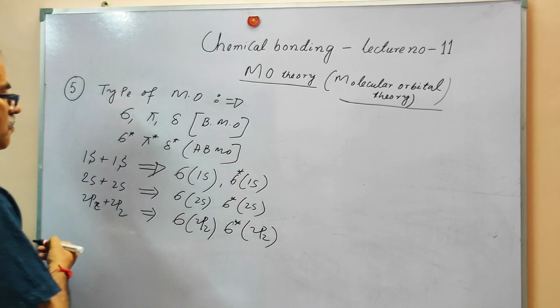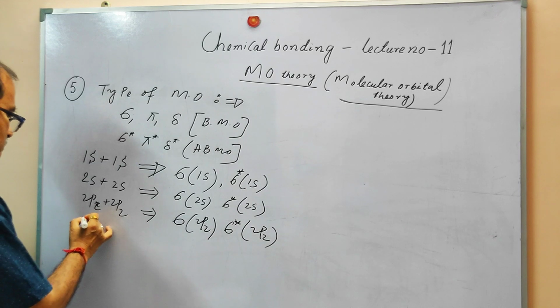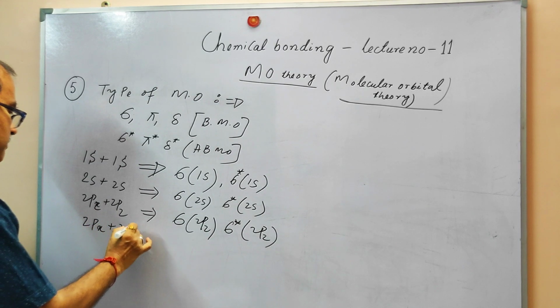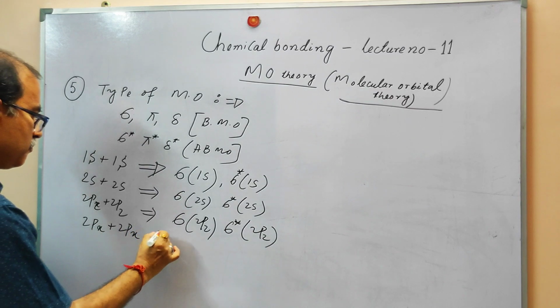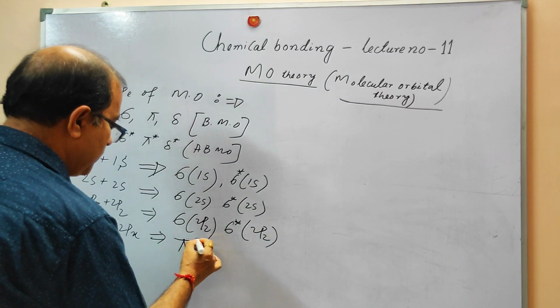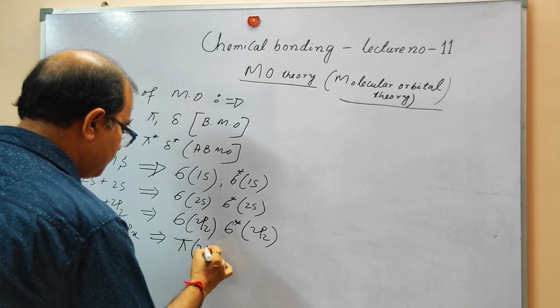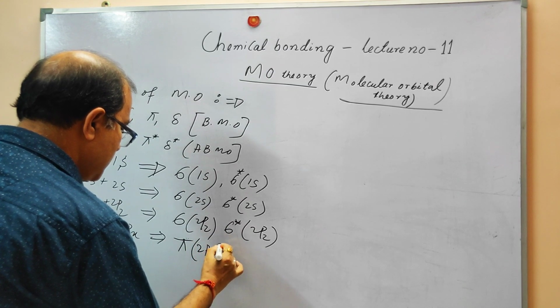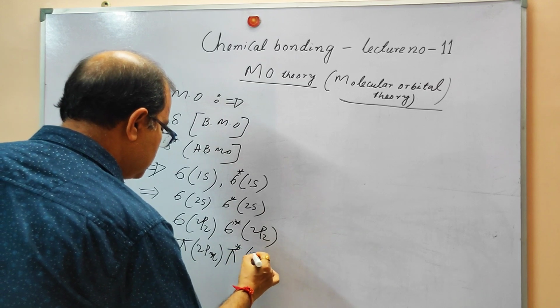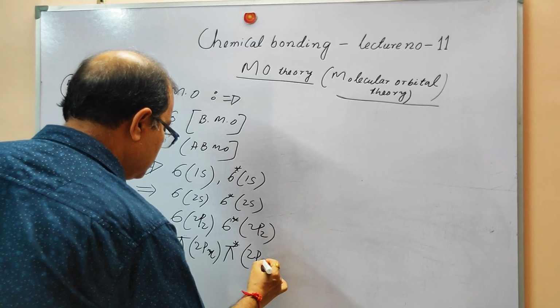Okay, and 2px plus 2px orbital will produce the pi orbital. In this case, the pi antibonding molecular orbital, you will find pi 2px and pi star 2px is produced.